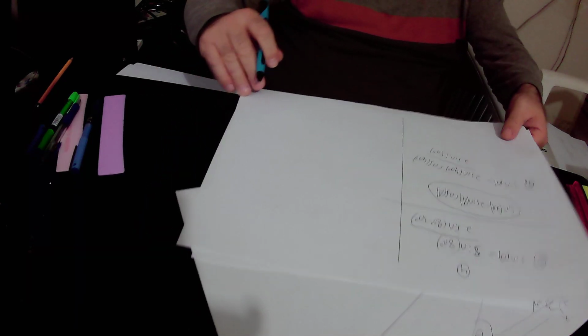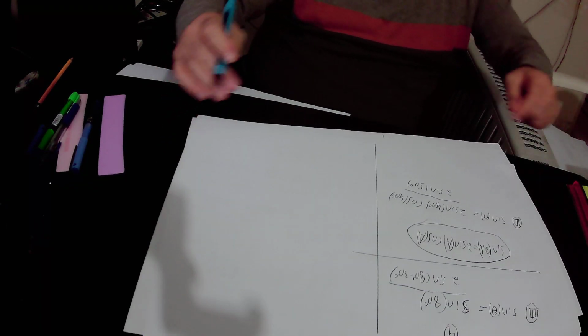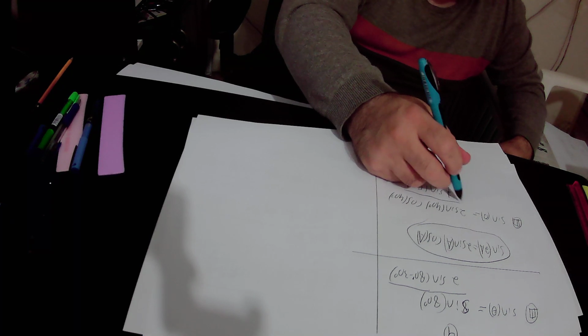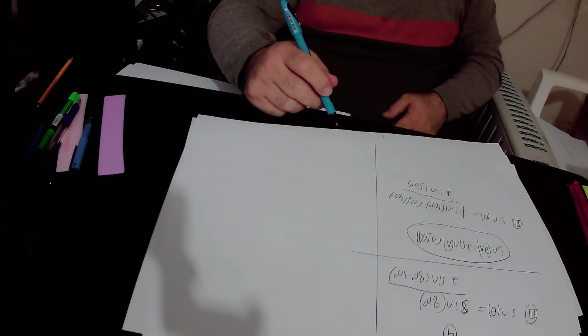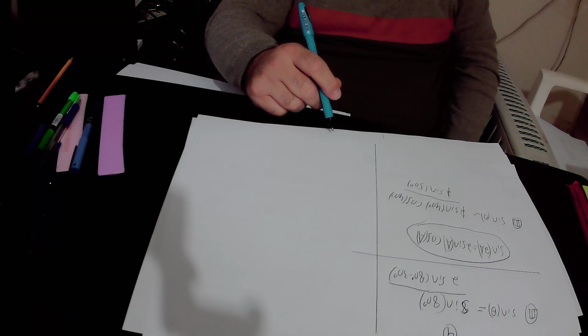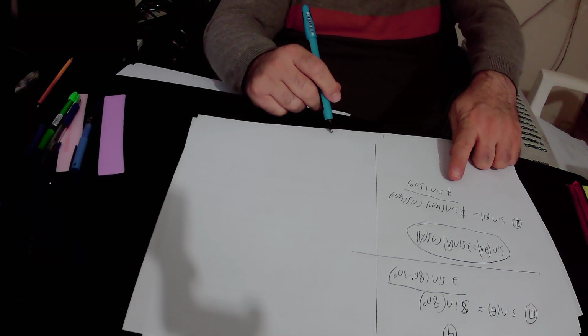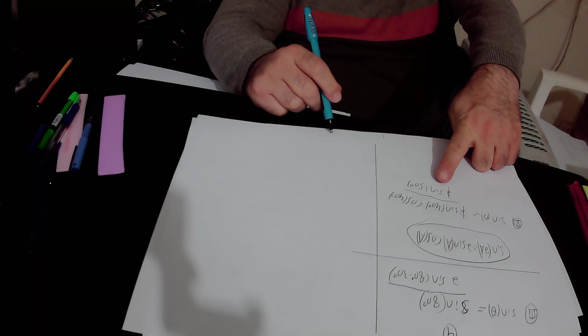And here 2 over 2 is 1, so the 2 will get cancelled. So in conclusion, we got that sine theta equals sine 40 degrees times cosine 40 degrees over sine 50 degrees.